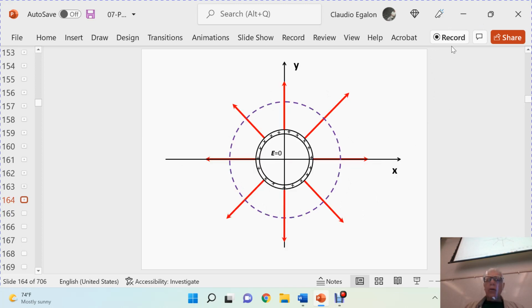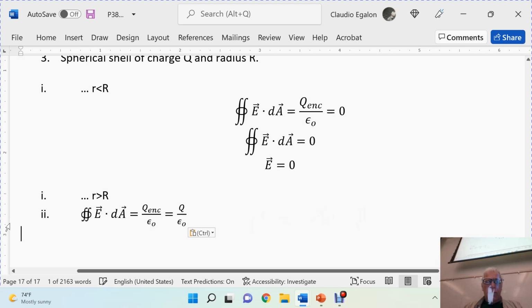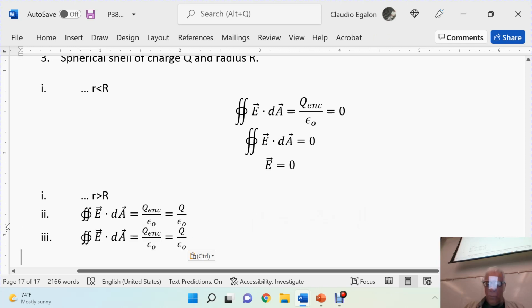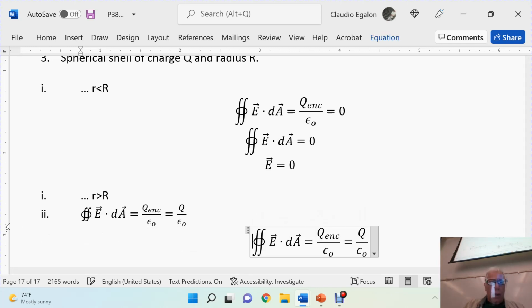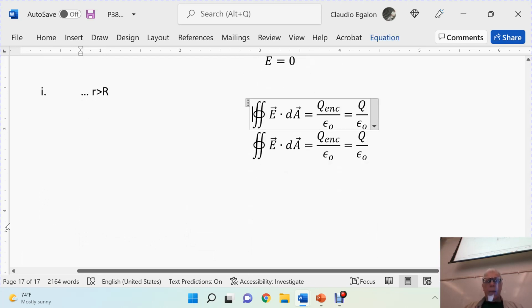The point charge or the sphere with uniform charge distribution, either one. Let's see here. Like that.